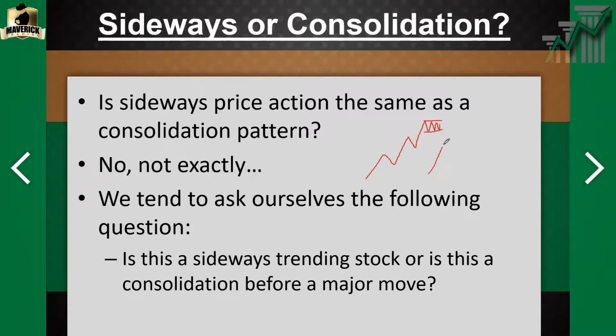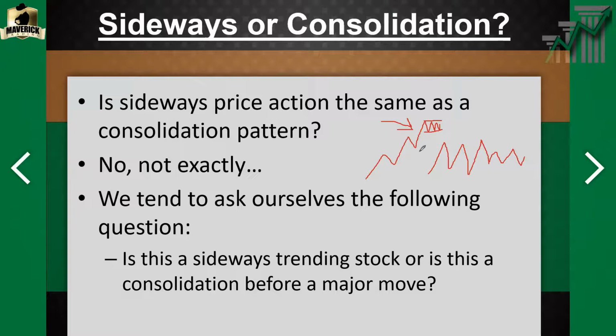Whereas if you saw this type of trading, then you might argue that's just mindless, choppy behavior, right? And both of these could happen on any different time frame. This could be a weekly chart setting, this could be a daily chart setting, this could be an hourly chart. But there is a difference in terms of the price action and the behavior of that.